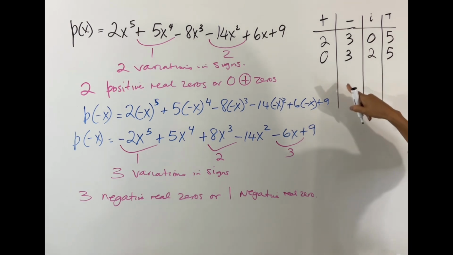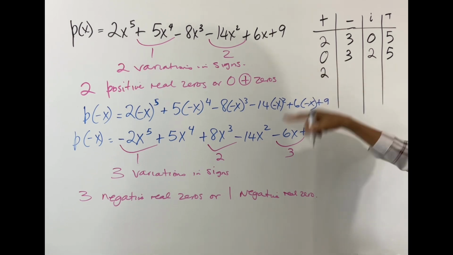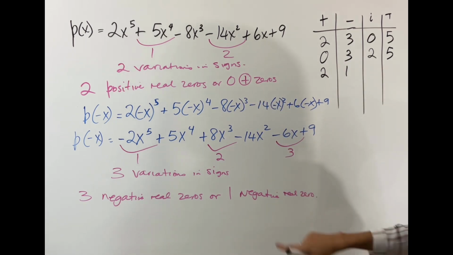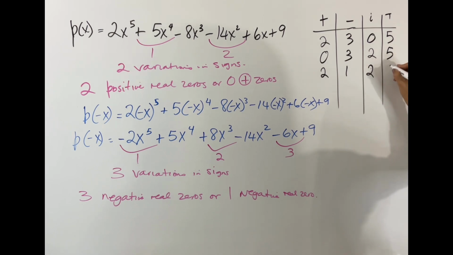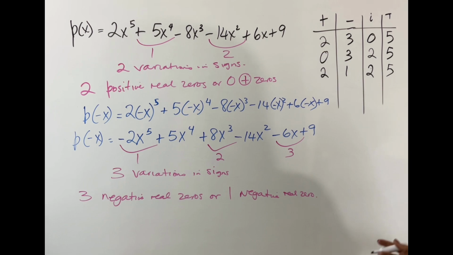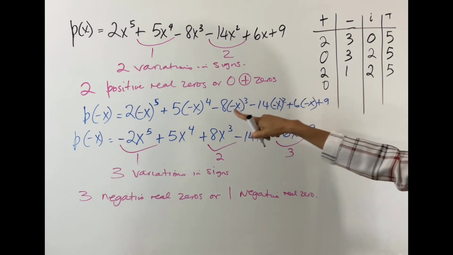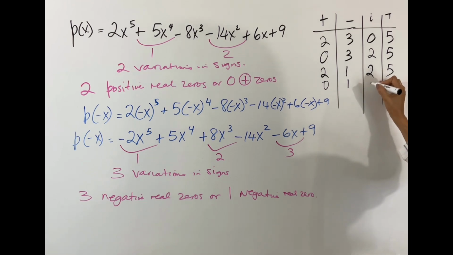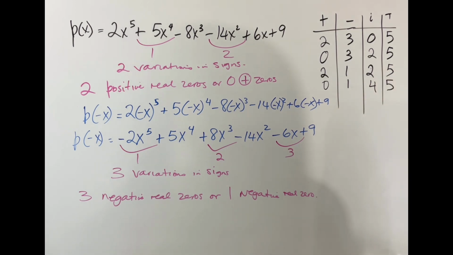But we can also note that we can have our 2 positive real zeros, and we have our 1 negative real zero, and therefore we will end up with simply 2 complex zeros, or 2i, and this would be a total of 5. The other possibility also is that we could have 0 positive, and we can also have our 1 negative. We will end up with 4 complex zeros, and our total here will be 5.